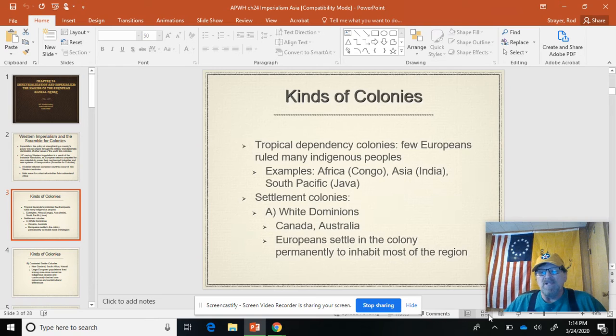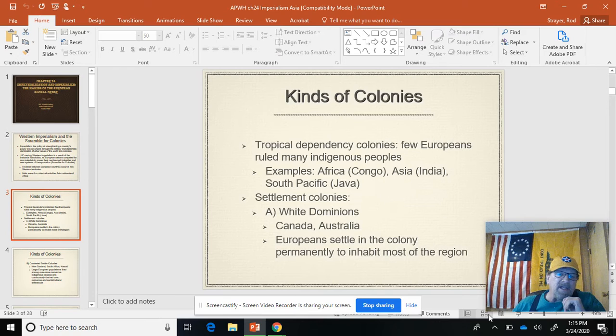And these were usually used in what was called indirect method of rule, in which you would either have a puppet in power, who would do your bidding in exchange of goods, finished goods, particularly guns would be one of those areas that would interest these foreign countries in order to maintain control over their regions.